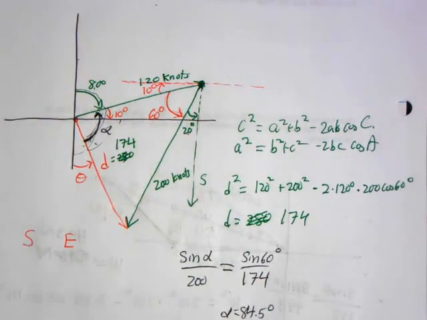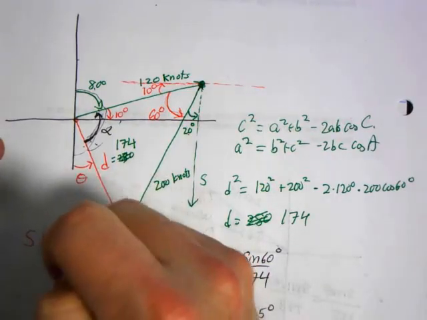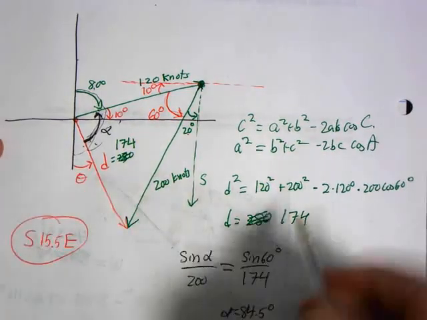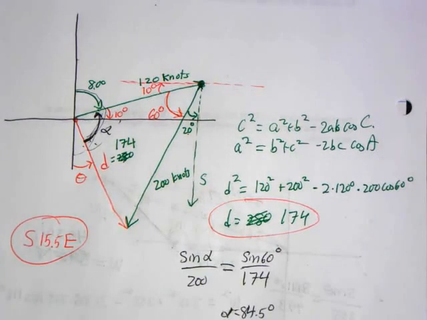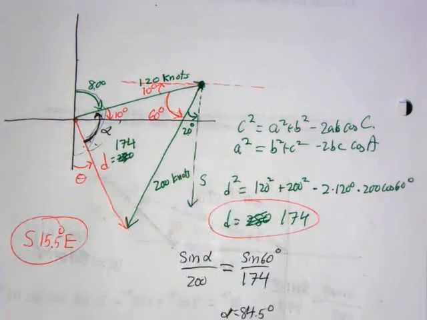So the angle I want, I would take 180 minus 80 minus 84.5. I get 15.5. So my answer would be the ship has traveled 174 knots from where it started, and it's at an angle of south 15.5 degrees east.